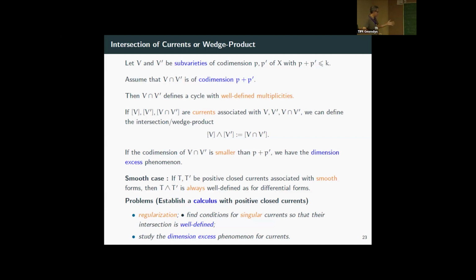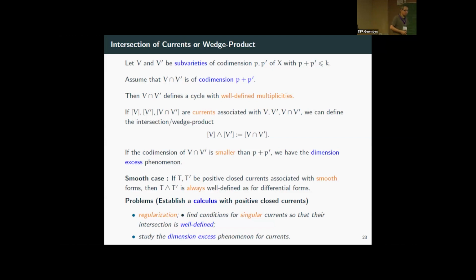So how to approximate them by smooth ones, which are easier to compute? You cannot always define the intersection like that. So we want to find conditions so that you can intersect currents. And then the dimension excess also, you have to take care of this.